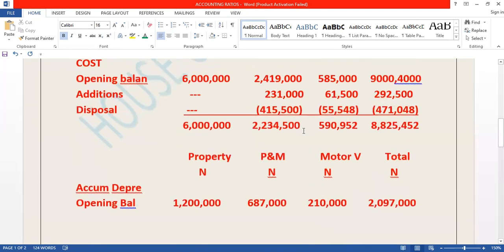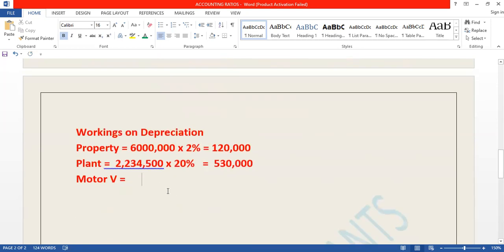I mean, what is the cost of this asset? It is 590,952. Now you will remove previous depreciation charge on it. How much was charged on it?